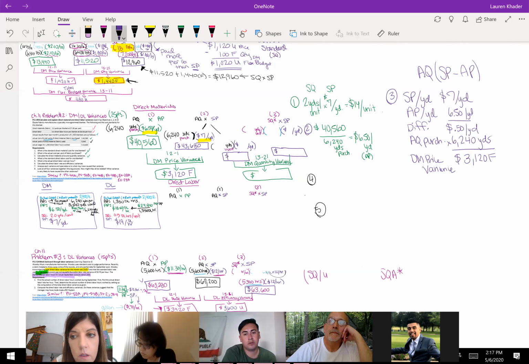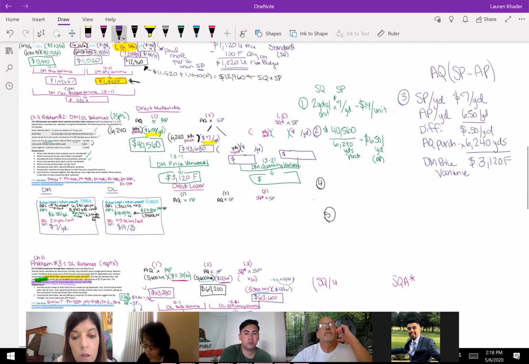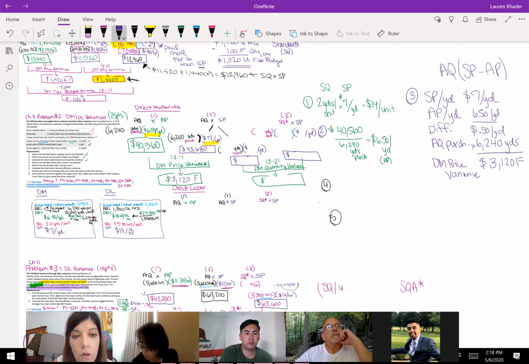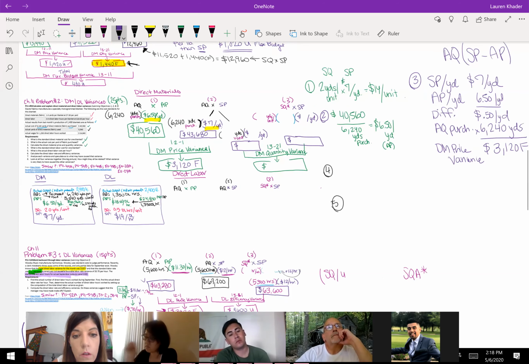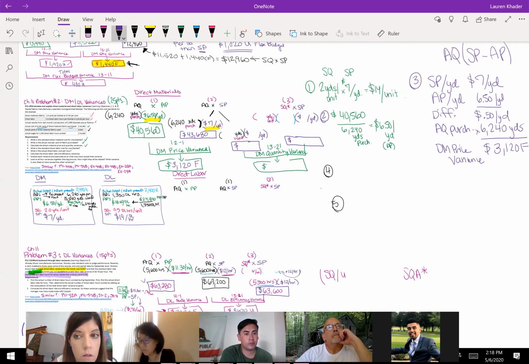I'm only showing you this because that's the setup they're going to require you to use. But I would recommend doing this on the test, and I will accept you sending me your work, because I can see how this could get confusing when entering answers. So I will check it for you. Questions on that price variance? Okay.